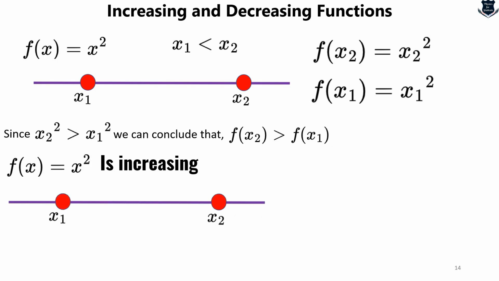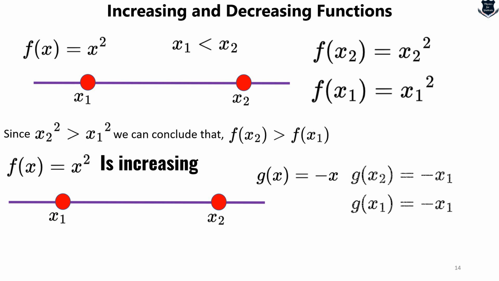Now let us consider the same points x1 and x2, and another function g of x equals minus x. If we take the same two points x1 and x2 on the axis where x1 is less than x2, we have g of x2 equals minus x2. I'm so sorry, this would be x2, not x1. Since x1 is less than x2, we can conclude that minus x2 is less than minus x1.